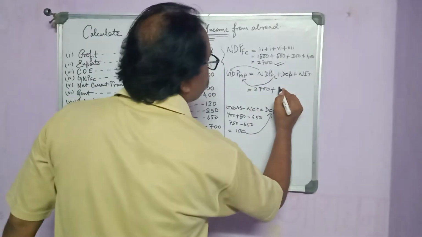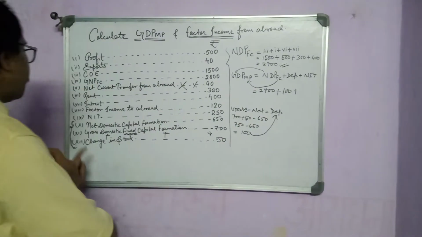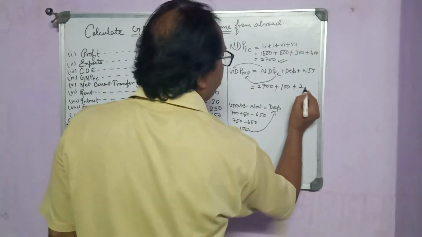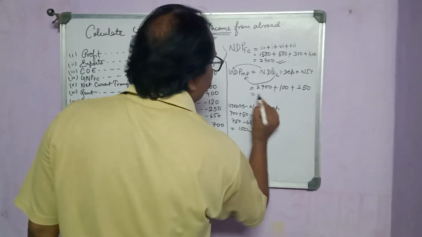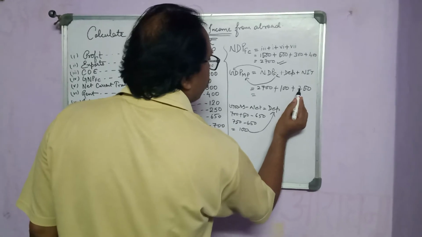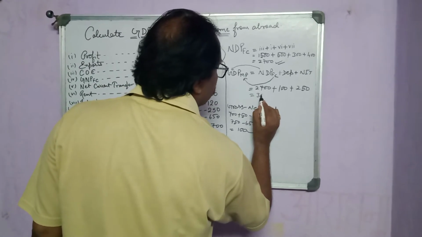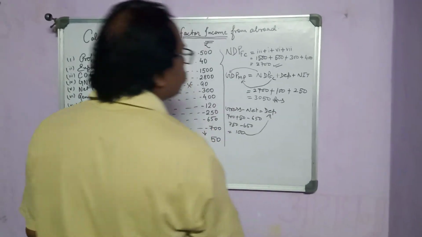So here the depreciation is 100 plus NIT, net indirect taxes, which is 250. Is it clear? So 250 plus 100 is 350, which means 3050. That is your answer.